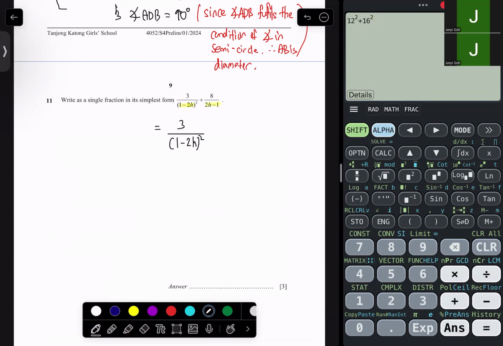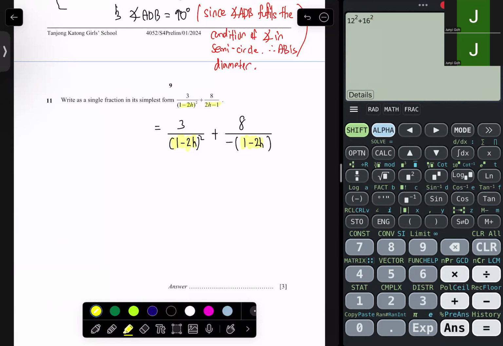But what if I do this? Plus 8. Now, instead of 2h minus 1, can I factorize out a negative out of 2h minus 1? I can do that for everything, it's just that when I factorize out the negative, everything inside the bracket will switch. So instead of 2h minus 1, I get 1 minus 2h, which is the main purpose, because now this is 1 minus 2h and this is also 1 minus 2h.